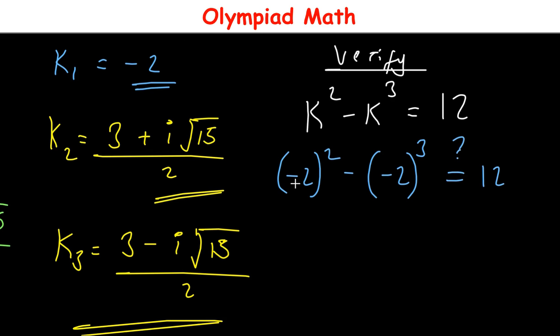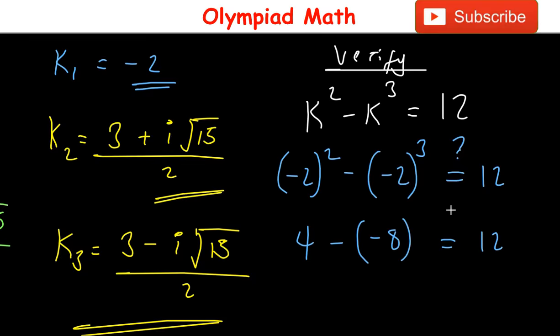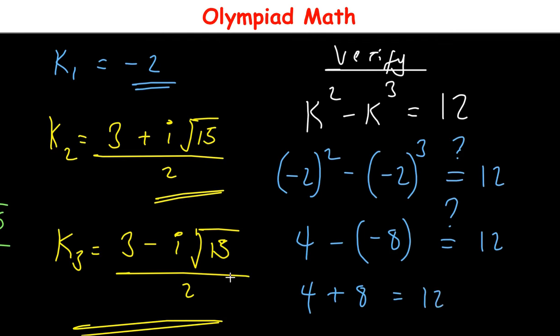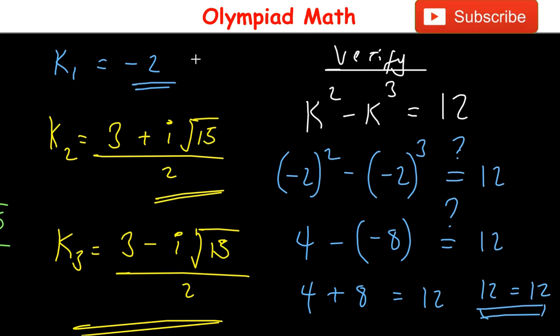So from here, minus 2 all raised to power 2 is equal to plus 4, then minus into bracket minus 2 all raised to power 3 is equal to minus 8, and with this equal 12 question mark. So 4 minus times minus is plus 8 with this equal 12. So from here, 4 plus 8 is equal to 12, and this equal 12. So since they equal each other, this means that the value of k as minus 2 is the correct solution for the given question.